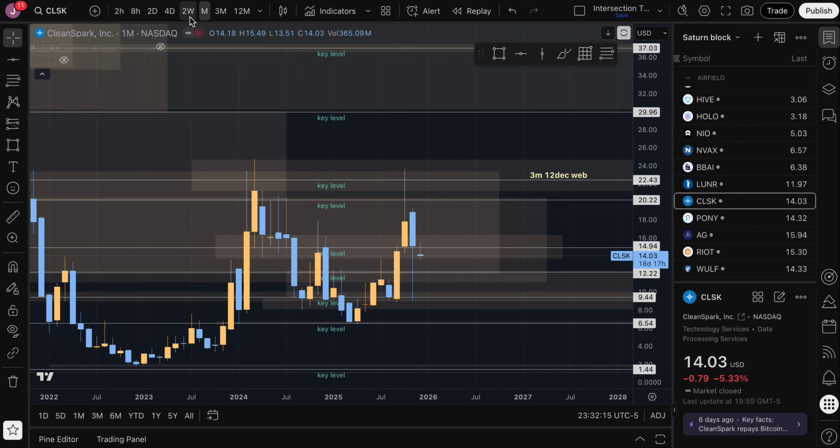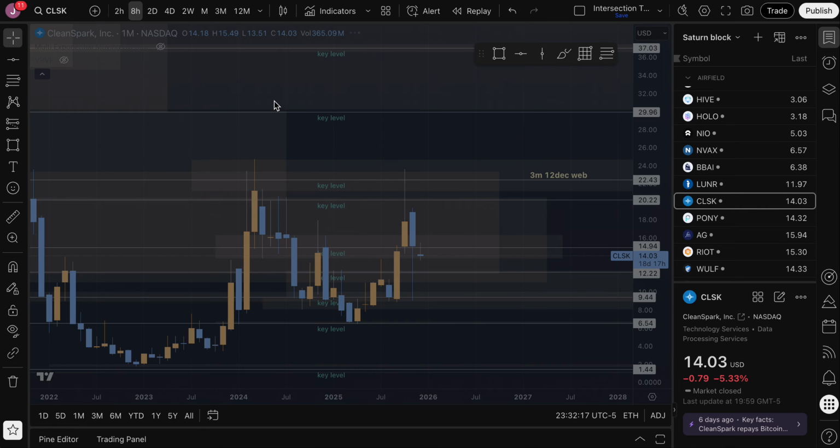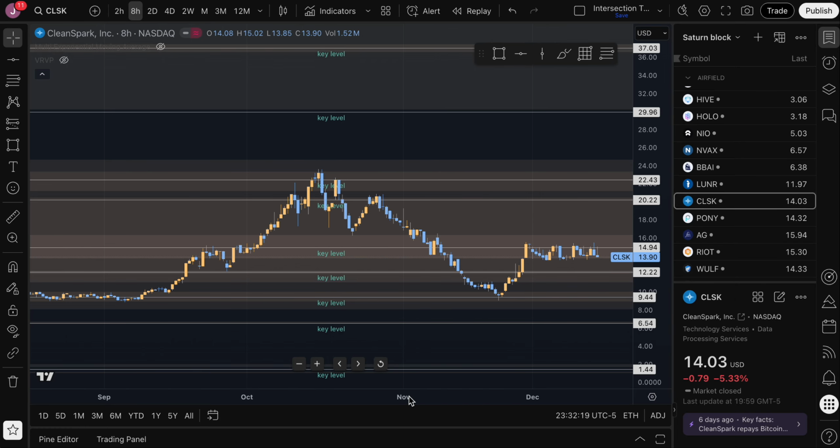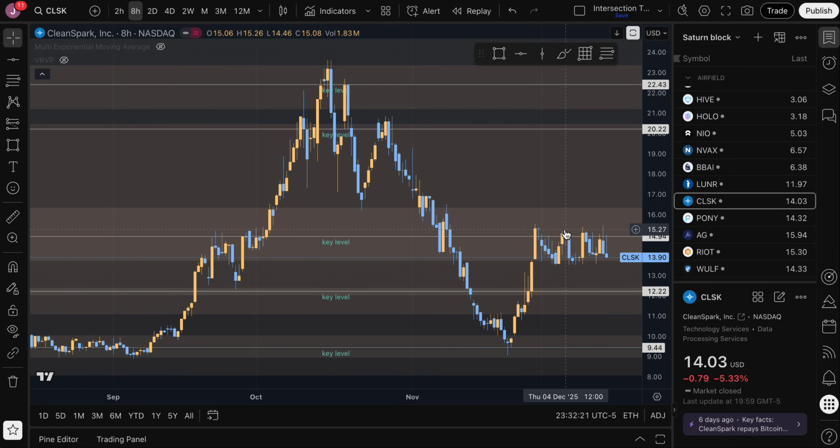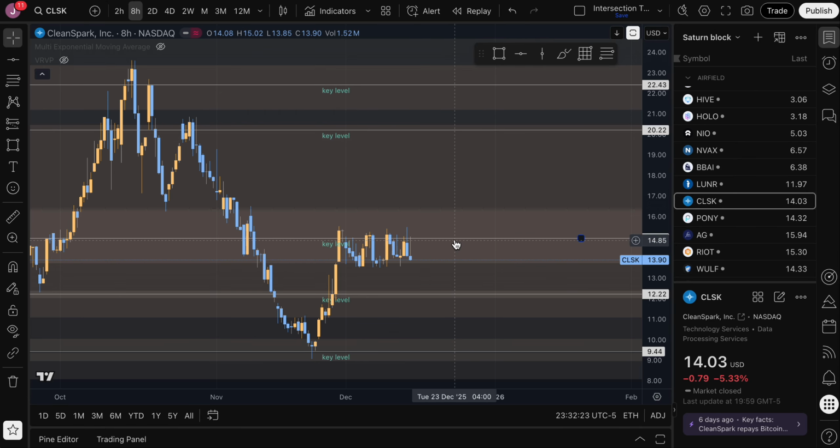So, if we're on the 8 hour, once again, so there's the key level. And I'd like to see this attack this key level one more time, or it may not. But it needs to be on either side.